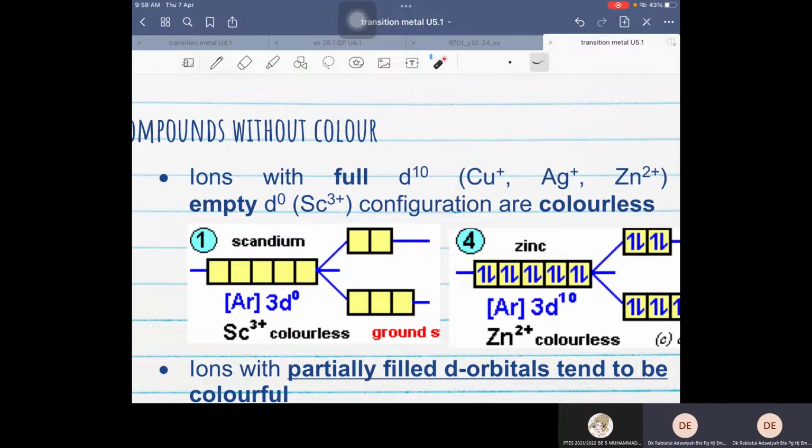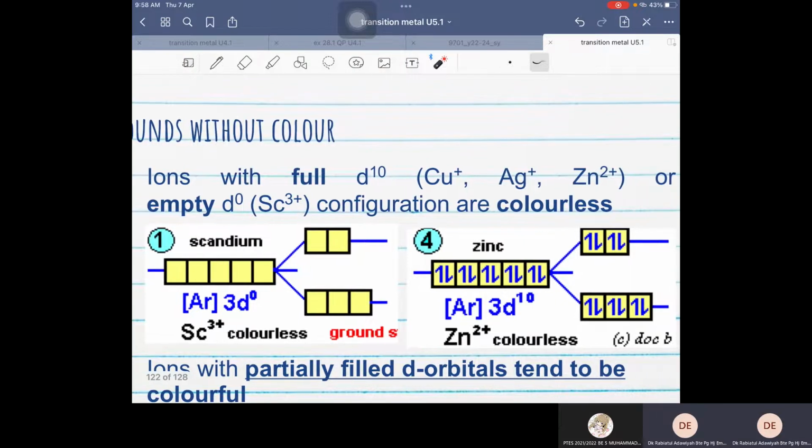So Sc3+ will have an electronic configuration of 3d0. The d orbitals are being split, that's okay. However, the problem here is that there is no electron to be promoted. If there's no electron to be promoted, there's no absorption of light, no color being transmitted. Simple as that.